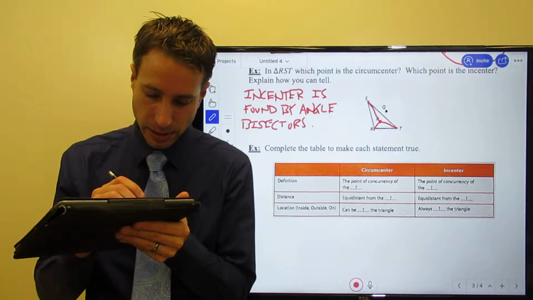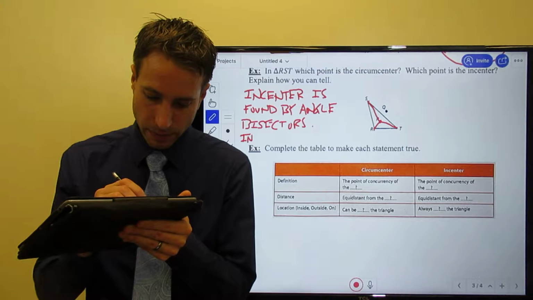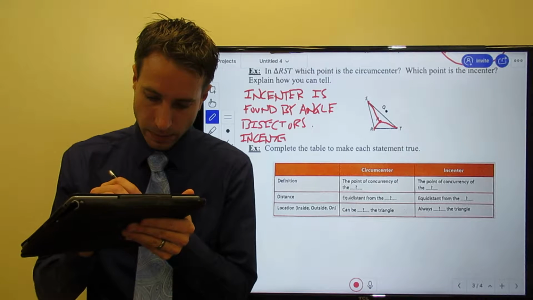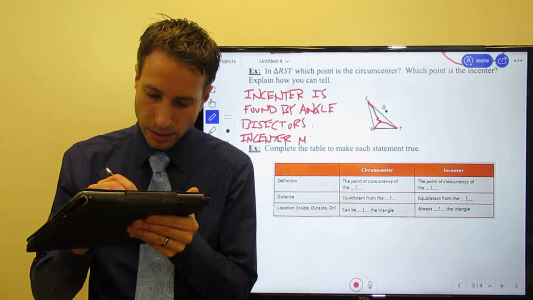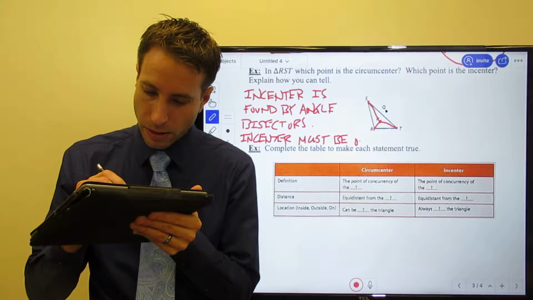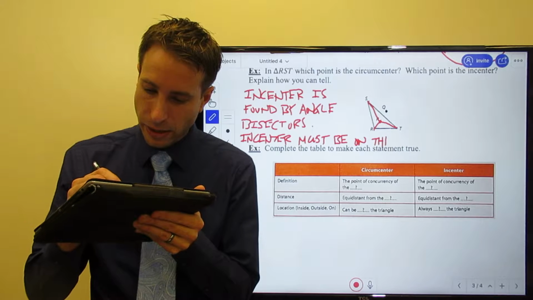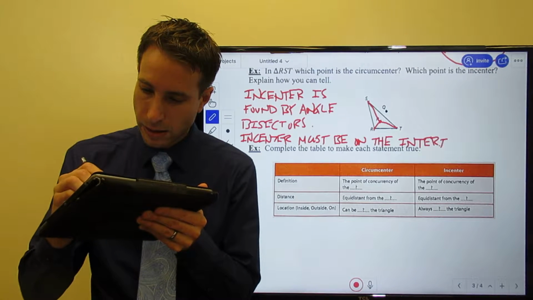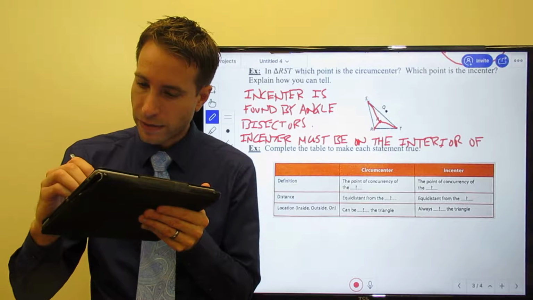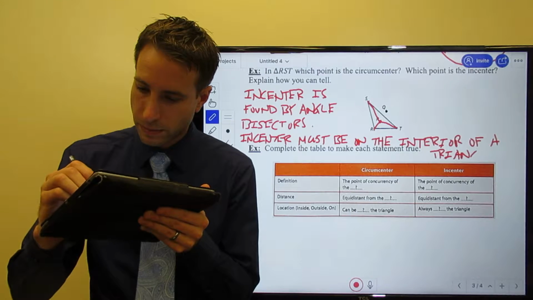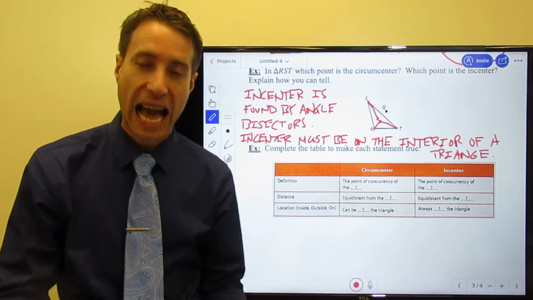So an incenter must be on the interior of a triangle. It has to be.